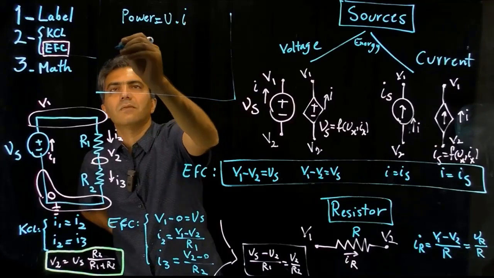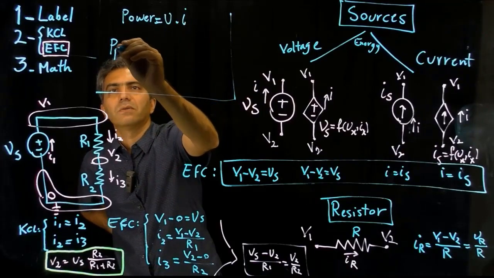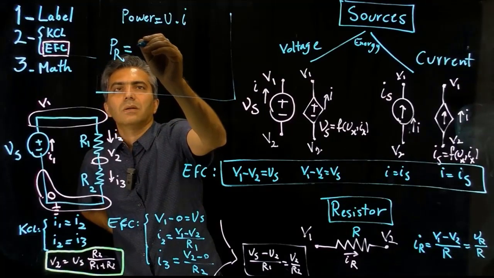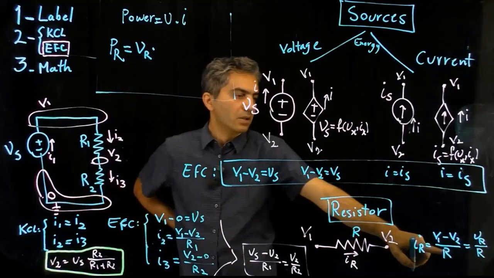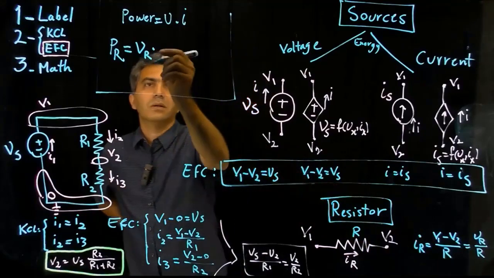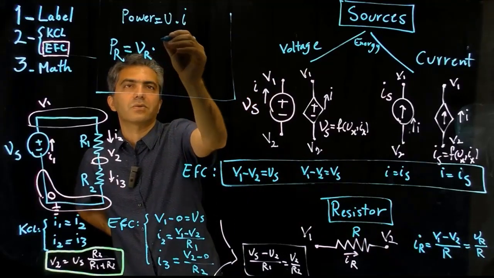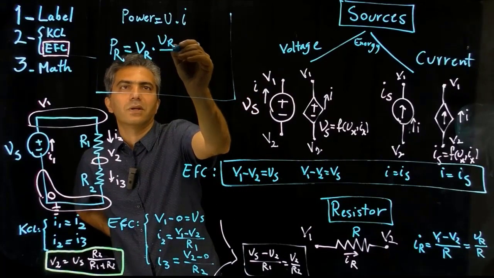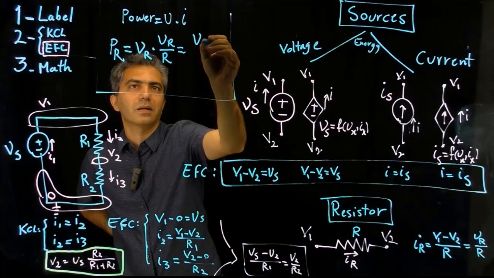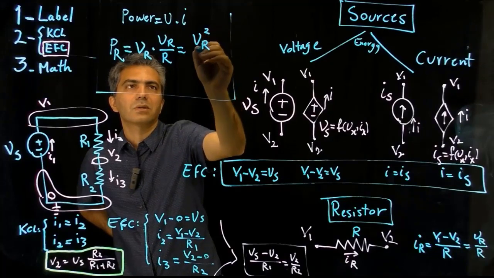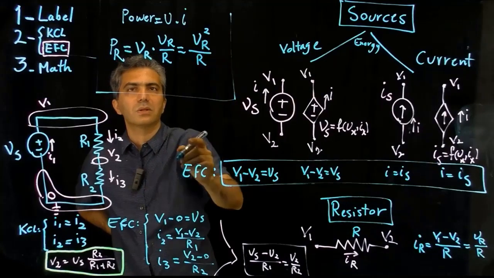Now in the case of a resistor, the voltage across the resistor VR times, now I can use this equation for the current that is passing through, which is VR divided by the resistor. So the power of the resistor could be written as the voltage across the resistor to the power of 2 divided by the resistor.